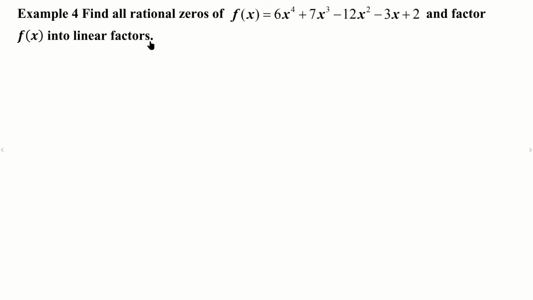All right, let's go ahead and try to find all the rational zeros of this fourth degree or quartic polynomial, 6x to the 4 plus 7x cubed minus 12x squared minus 3x plus 2. And once we find the zeros, we're going to go ahead and factor it into a number of linear factors.